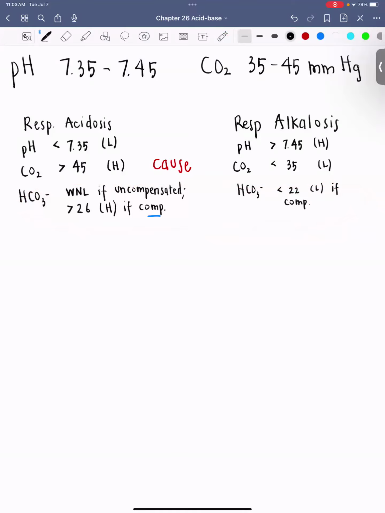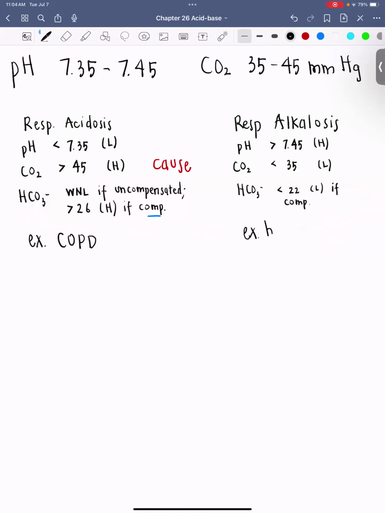Now, let me add an example of respiratory acidosis: any lung condition that causes retention of carbon dioxide. COPD, which includes bronchitis, will lead to respiratory acidosis.